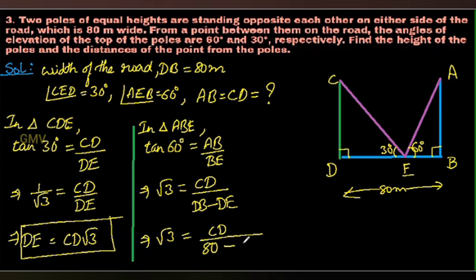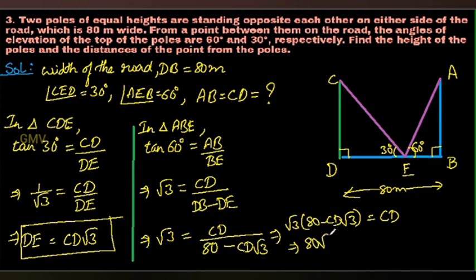So let us write that one CD root 3. It implies, let us transpose this to LHS. So we get root 3 into 80 minus CD root 3 is equal to CD. So it implies 80 root 3 minus 3 CD is equal to CD.